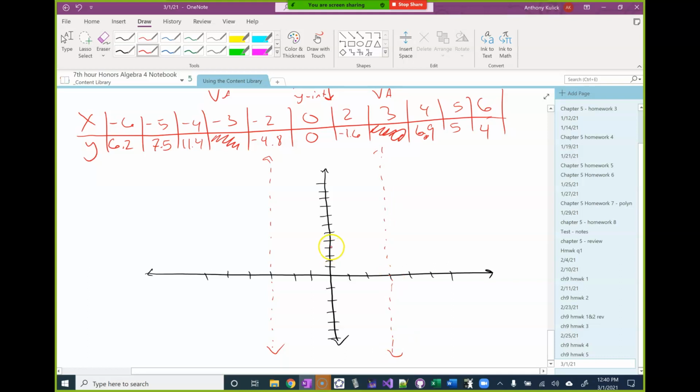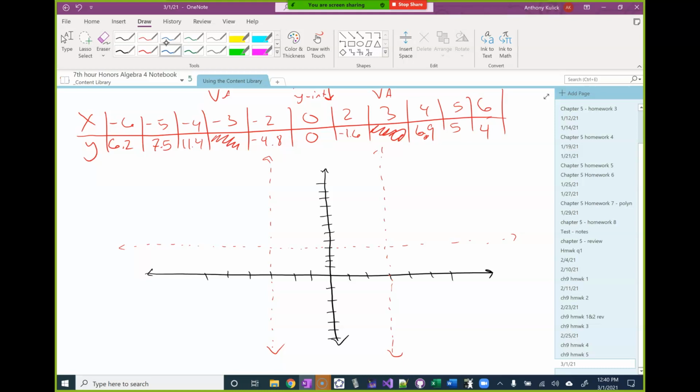And then I have my horizontal asymptote, or again, I don't know for sure which one it is. Even by looking at the table, it's not entirely clear to us. Well, I mean, it's totally clear.